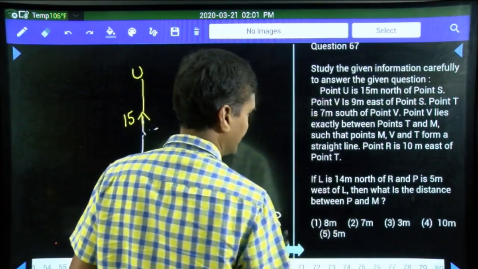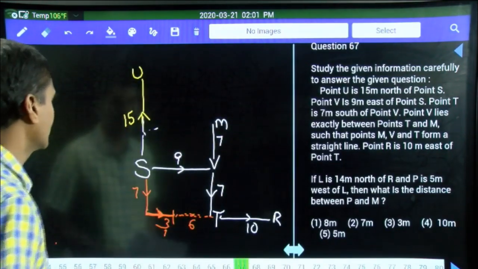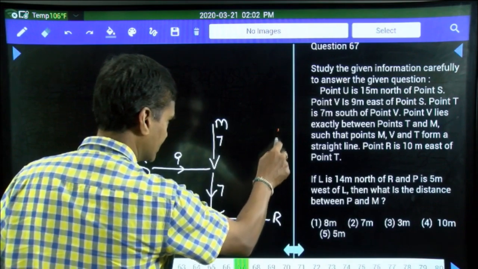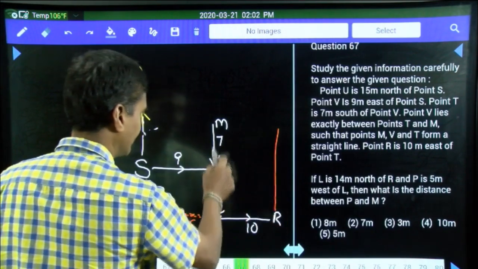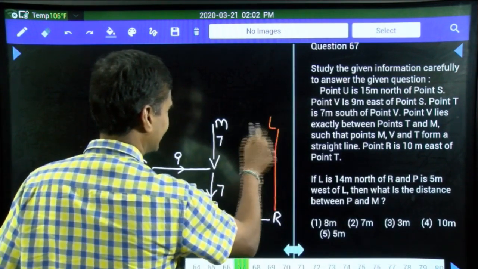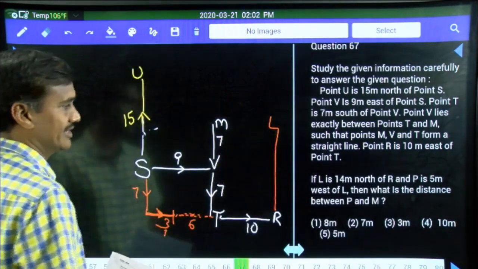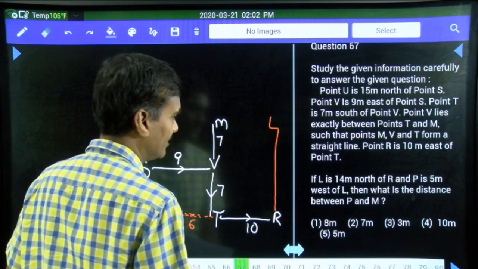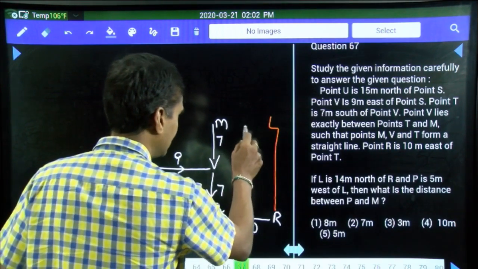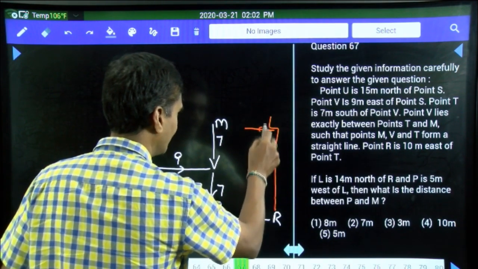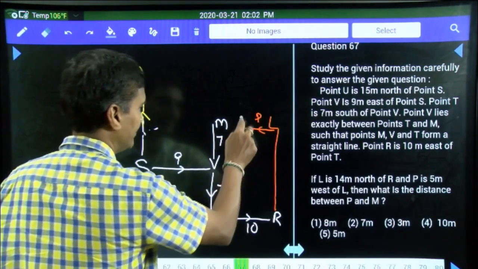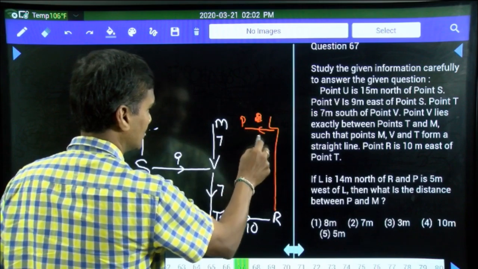L is 14 meters to the north of R. From R, 14 meters. Where should 14 come? 7 plus 7, 14. L is exactly in line with M and L. L is 14 meters to the north of R and P is 5 meters to the west of L. From L, P is 5 meters to the west. Of these 10 meters, 5 meters are covered.